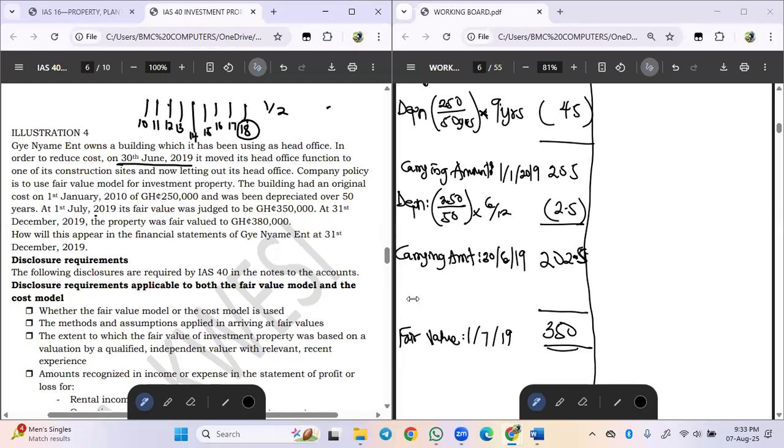So are we getting fair value gain or loss? Fair value gain of 147.5.